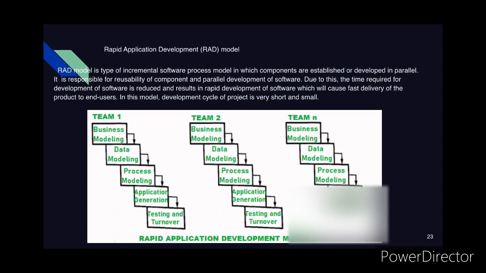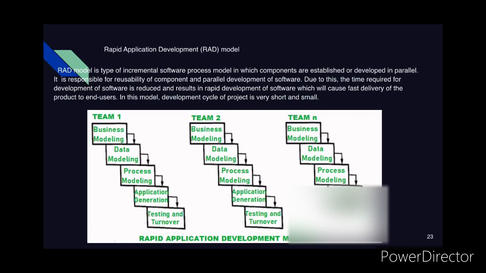That means team 1, team 2, team N are working in parallel on different modules of the software. So the development process in RAD is in a parallel manner, that is, different teams work on different modules of the software at the same time, and at the end all the modules are integrated and deployed to the customer. Now let's see what are the phases executed by these different teams.